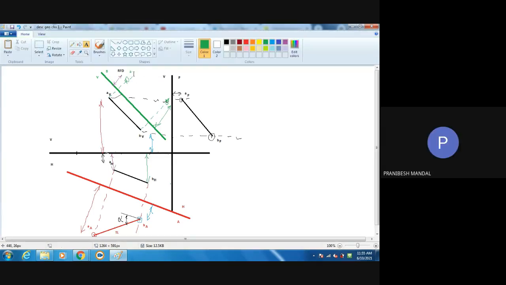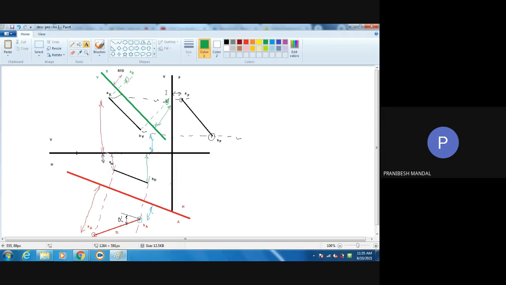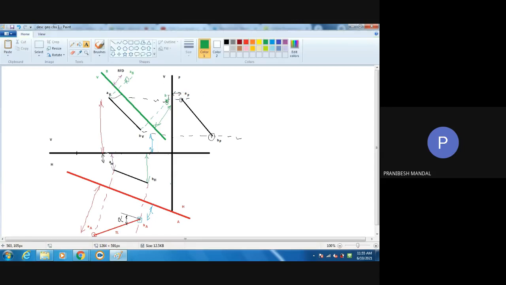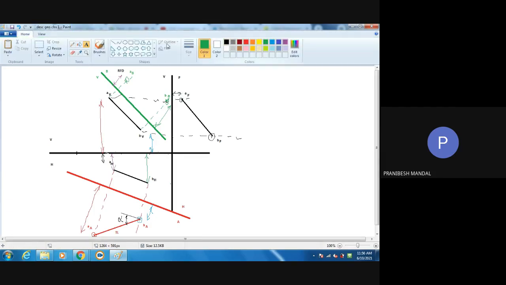So this is your AB, and this is BB. If you join these two, again you are going to get the true length.